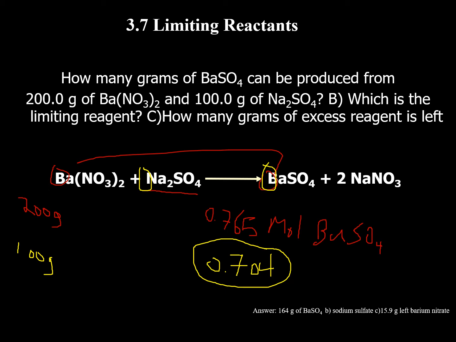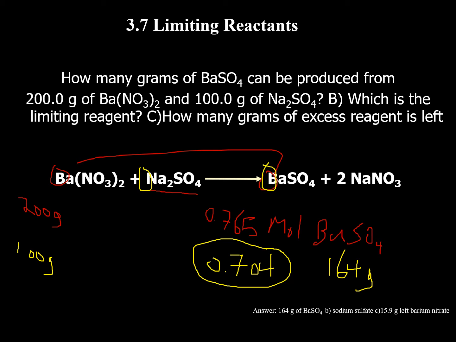So if we have our roadmap, we have moles in the middle, and to get to the mass, you have to multiply by the molar mass, which is 233.3 grams per mole of barium sulfate, and we get 164. Again, all of this is explained in detail on the file on our common account for SEC 201. So sodium sulfate is the limiting reactant.